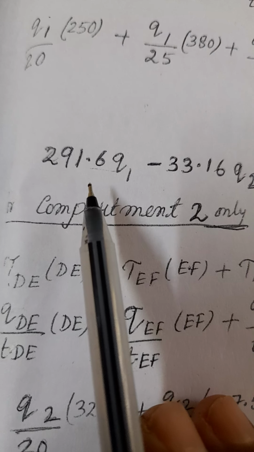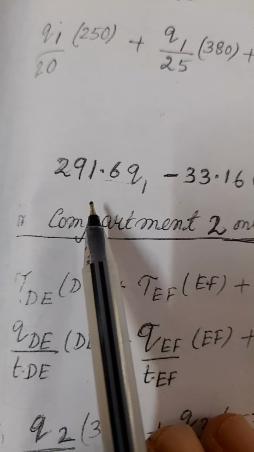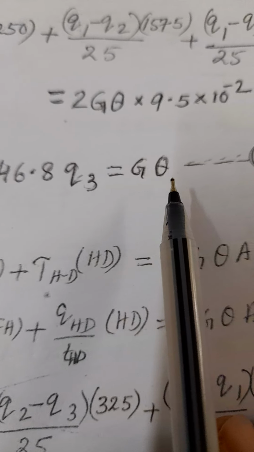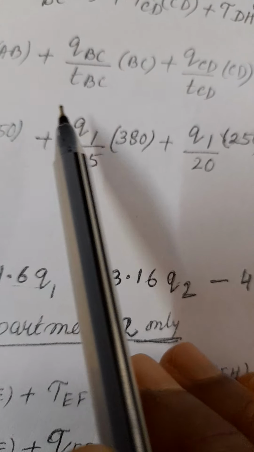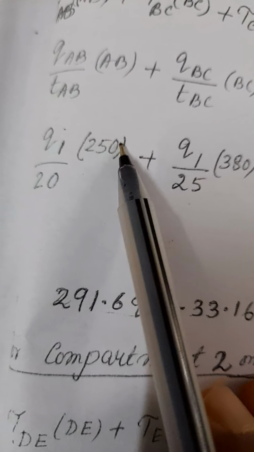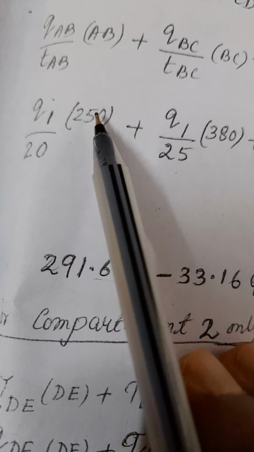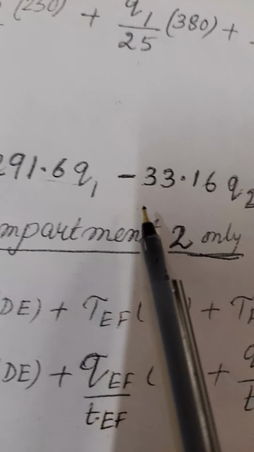Now this is the equation we are getting. If this is millimeter and this is millimeter, this gets cancelled, so no problem to convert it to meter, but it is in the meter equation.